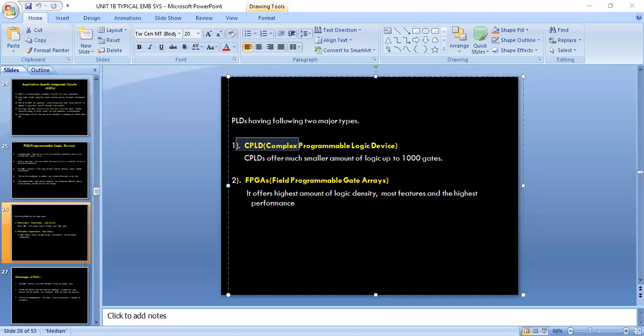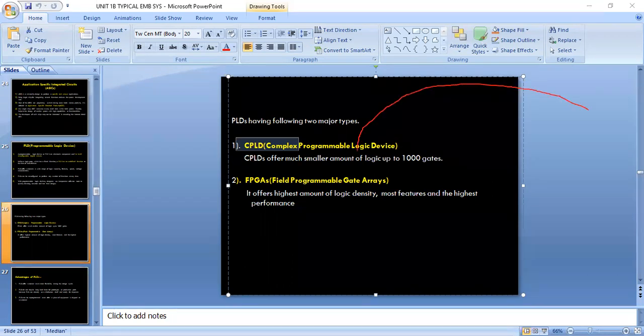Bigger logics here. It can accommodate lengthier logic. See here. Are you able to see this?